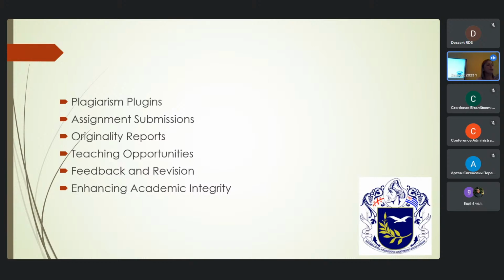And while Moodle can integrate with plagiarism detection tools effectively, it's important to use these tools in an educational context, promoting ethical behavior and fostering a culture of learning. The goal is not just to detect plagiarism, but to educate students about proper research and citation practices, and encourage them to think more originally and to be academically more honest.